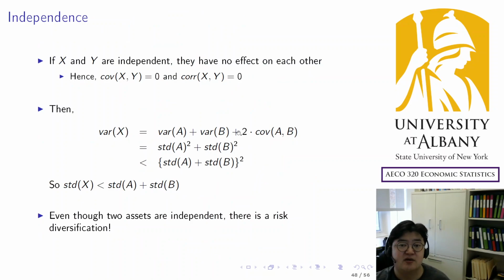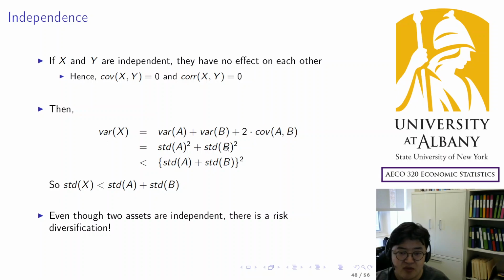One more case. What happens if the correlation is 0? So when two assets are independent, they have no effect on each other. They don't move together, right? They move wherever they want. So their correlation or covariance will be 0. They are not correlated at all. Under this assumption, plug that into our variance formula, covariance will become 0.